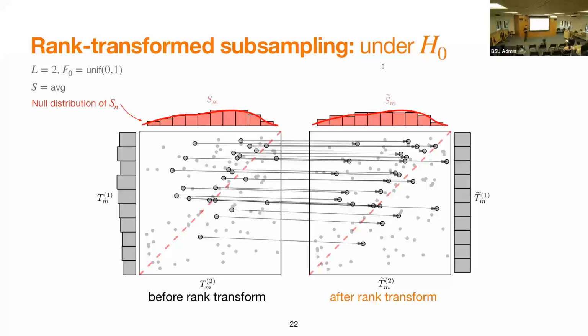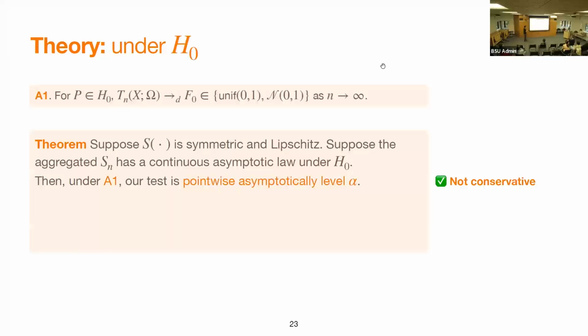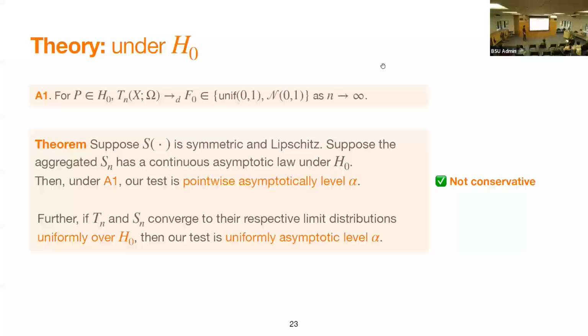Okay, so this is as we desire. And this is basically a proof-by-picture that shows that our method has type 1 error control. Basically, our test is asymptotically level alpha. And under further conditions, it is also uniformly asymptotically level alpha, uniformly over the null.